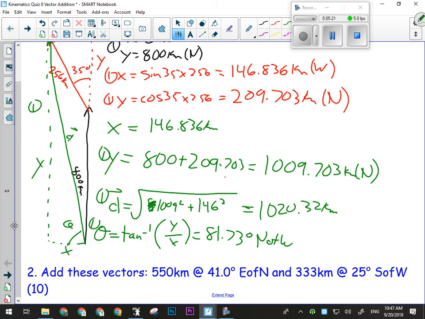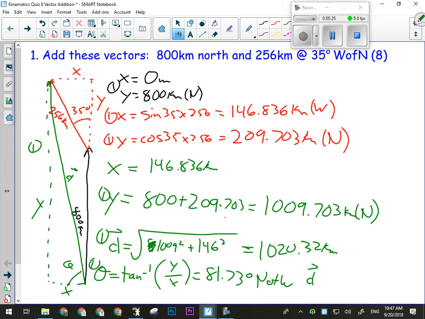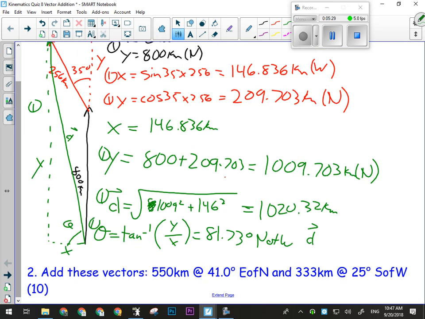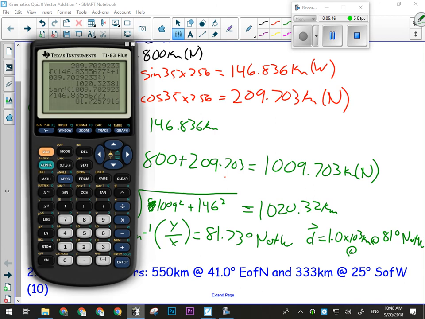And then for their 8th and final mark, the total displacement to 2 significant figures is going to be 1.0 times 10 to the 3 kilometers at 81 degrees north of west, or the other angle will be, sorry, that should be 82 degrees.